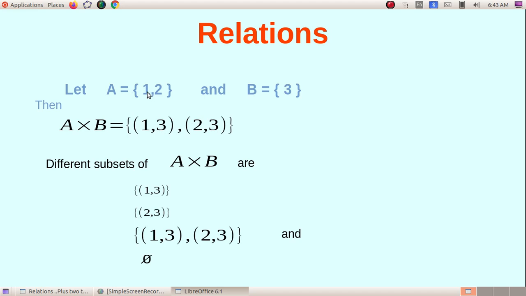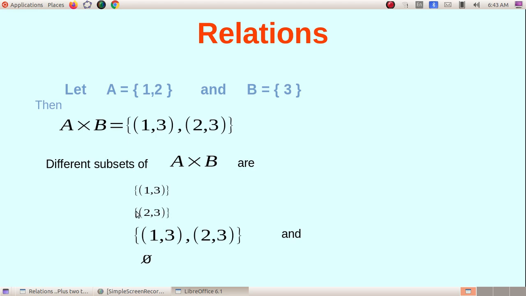Ordered pair (1, 3) is the first relation from A to B. What is the relation? The element in B is greater by 2 than the element in A. Okay, then (1, 3) is the first relation. What is the second relation? Element in B is greater by 1 than that in A, that is set {(2, 3)}.